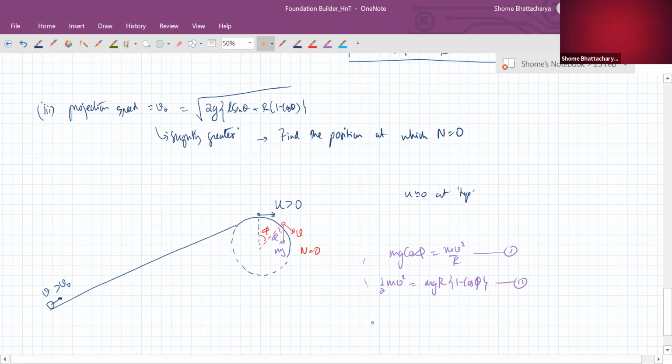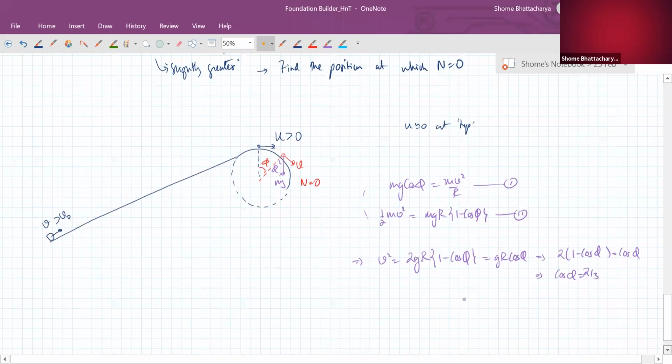So solving these two equations, you will see that, from the first equation, we will get 2 into 1 minus cos phi is equal to cos phi, or cos phi is equal to 2 by 3.